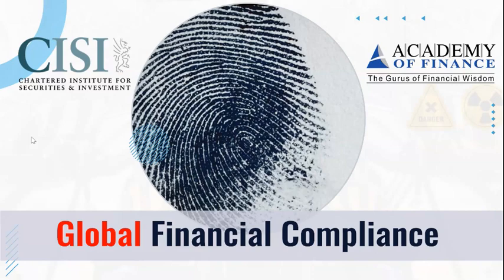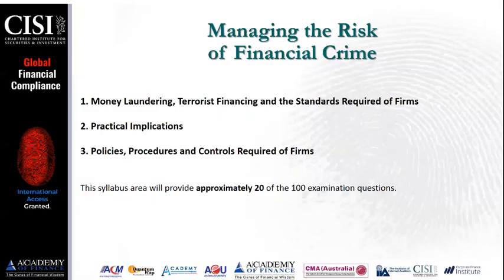All right, so let's start. We're 6 minutes past the starting time. The chapter today is on managing the risk of financial crime. It consists of 3 main areas. Today we're going to cover the first section, which is money laundering, terrorist financing, and the standards required of firms. Next week, we will cover practical implications and also policies, procedures, and controls required of firms.